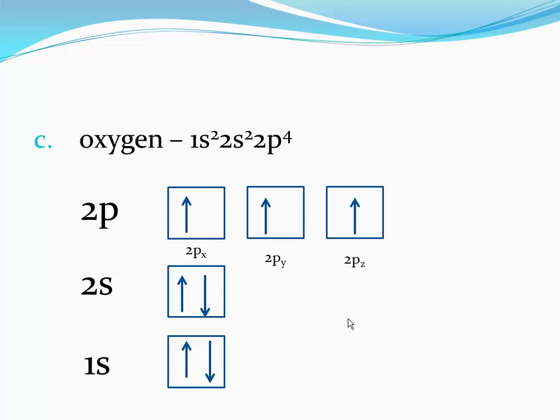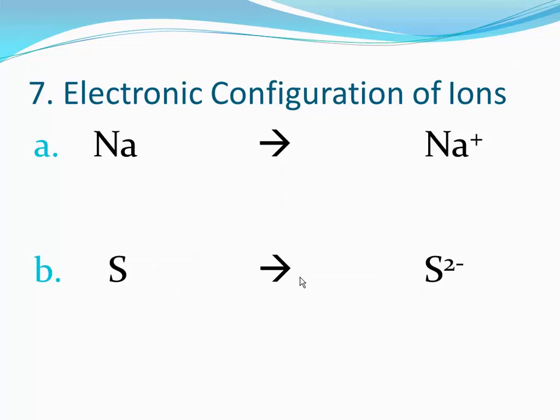You have the upward spin in px, upward spin in py, upward spin in pz. Then you go back to your px, and then you start your downward spin. The reason we do this is because it helps identify, when you do ionization energy, why something requires more energy than the other.